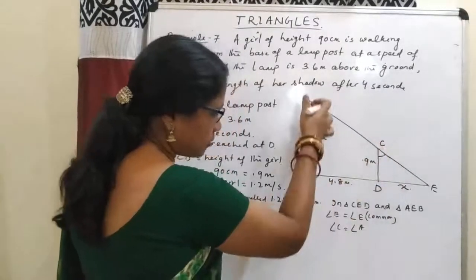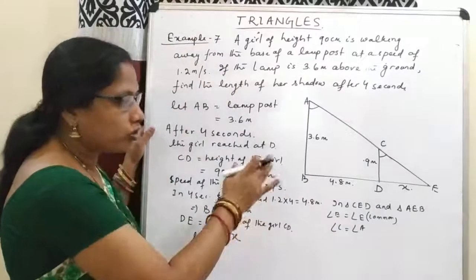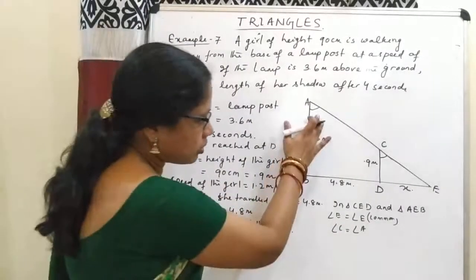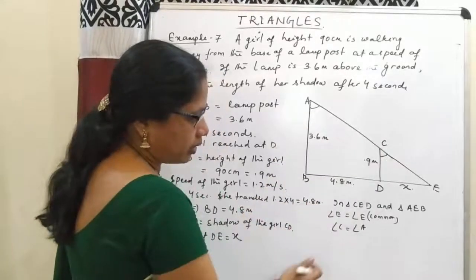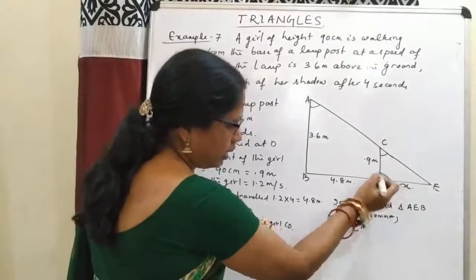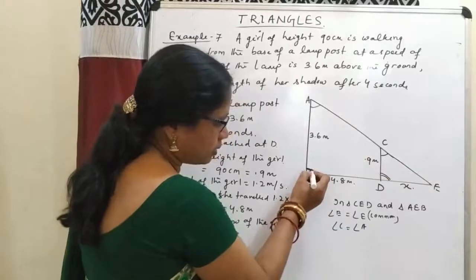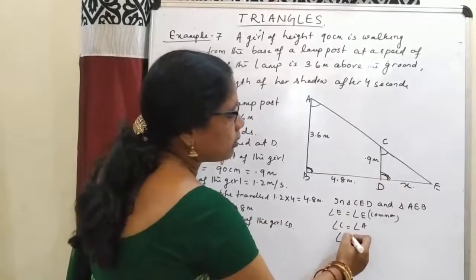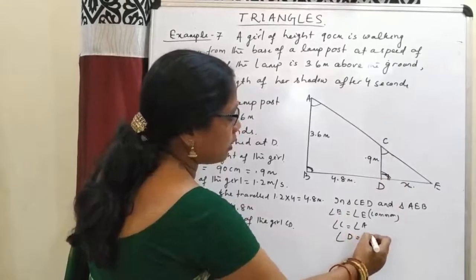Because CD is parallel to AB. Both the lamp post and the girl are perpendicular to the ground, so they are corresponding angles. And angle D is equal to angle B, since these are perpendicular.